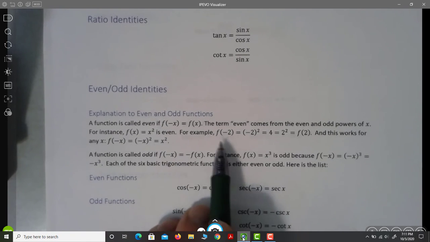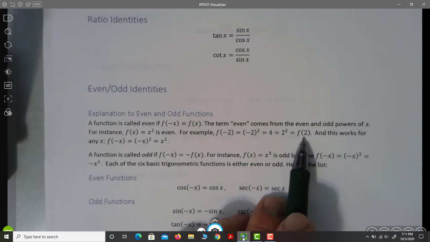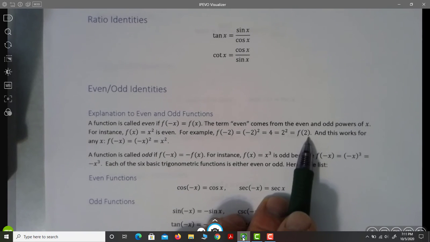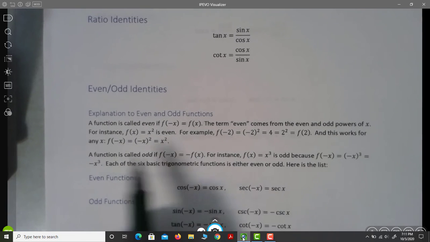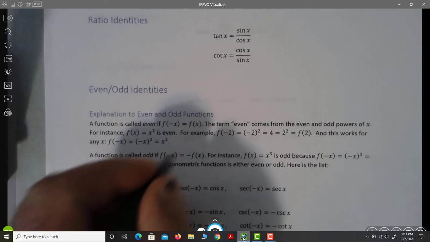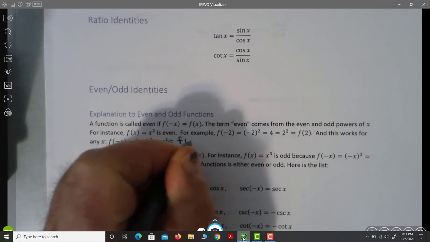That's even, because if you square minus 2 or you square plus 2, you get the same result, right? So f of minus 2 and f of 2 are equal. And in fact, this works for any x. It doesn't have to be just 2 and minus 2. So f of minus x is the same as f of x. And that's what we mean when we say that a function is even.